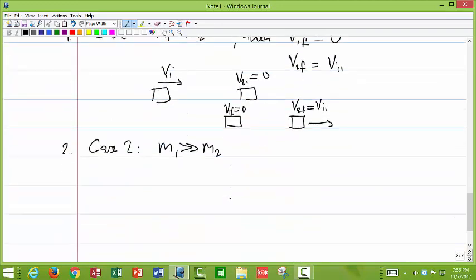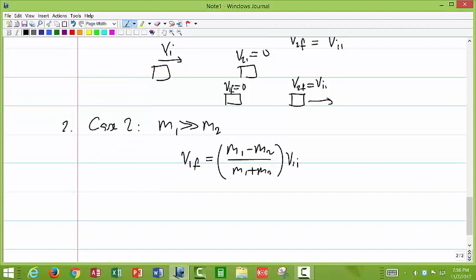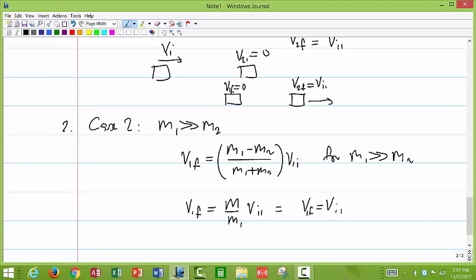So we have our formula v1 final equals (m1 minus m2) over (m1 plus m2) times v1 initial. If m1 is much larger than m2, we shall have v1 final equals m1 over m1 times v1 initial, which gives us v1 final equals v1 initial.